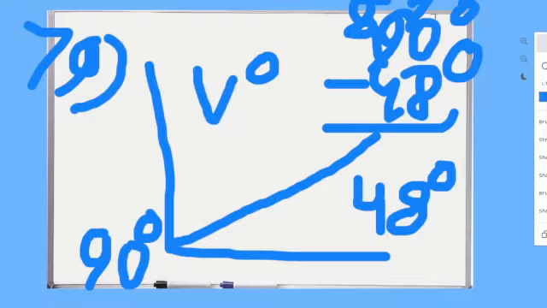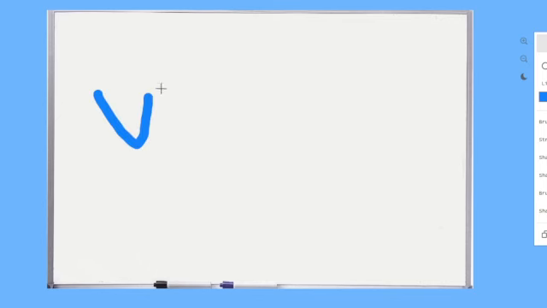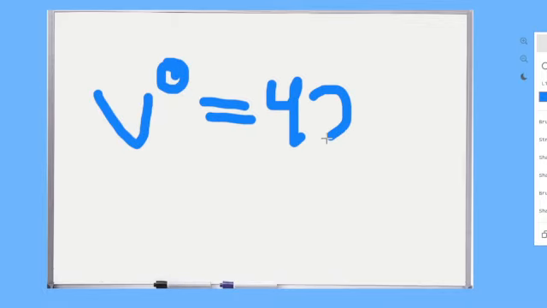Oh my gosh, and by the way, that's a 1. So this is 10 minus 8, that's 2. 8 minus 4, that's 4. Which means that v degrees is equal to 42 degrees. And this is your answer over here.